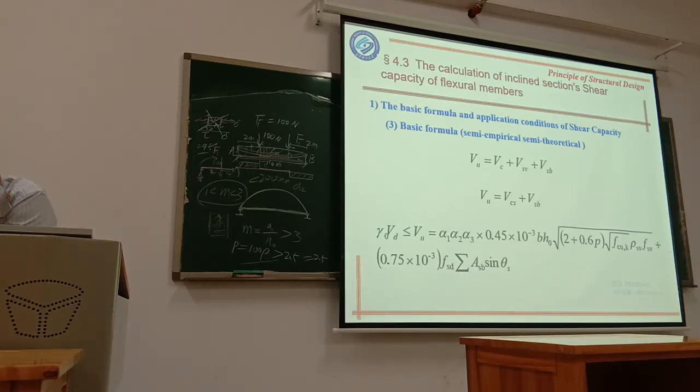You see, what's the difference? fcu,k is the standard value of compressive strength of the concrete. You see this appendix table. What's the design value? What's the standard value? They have a lot of difference actually. See, page 317.